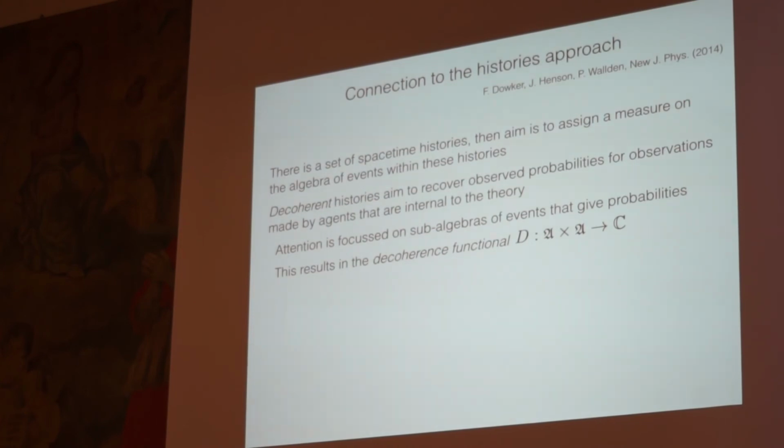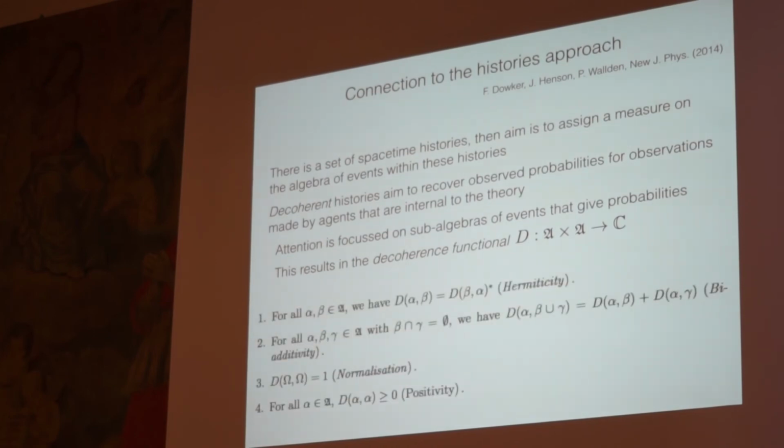And the idea is you want to recover probabilities that you observe within these histories. So if we just restrict our attention to subalgebras of events that give probabilities, then we want to define something called the decoherence functional, which satisfies a bunch of properties. So this is very much in line with the quantum measure approach of Rafael Sorkin.